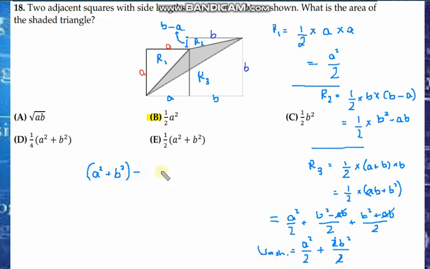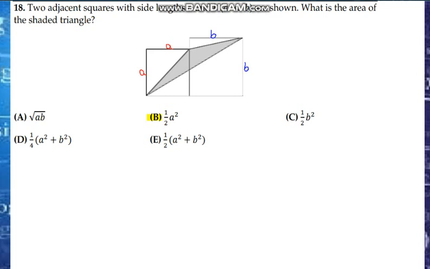So that's A squared plus B squared minus A squared upon 2 plus B squared, and that makes it A squared minus A squared upon 2, which is simply A squared upon 2, and B squared minus B squared would simply cancel out and leave nothing. And so A squared upon 2 is our final answer. Thank you for watching. Hope it made things clear.